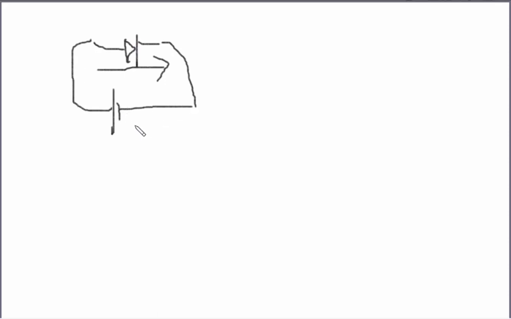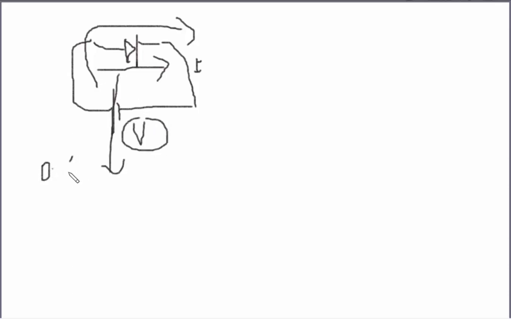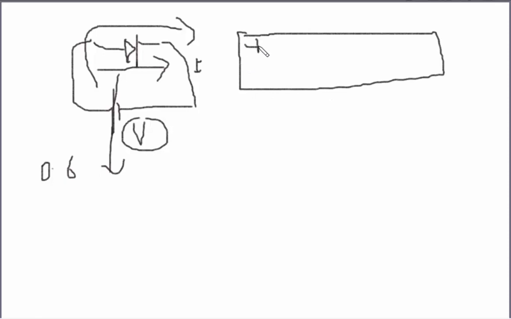Let's consider an ideal diode. In order to get current from this diode, I have to supply a minimum amount of voltage. From that voltage, electrons start moving here, and we will get the current. So this minimum voltage of a diode is 0.6 volt.